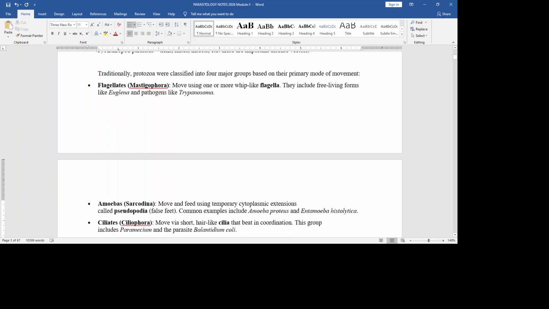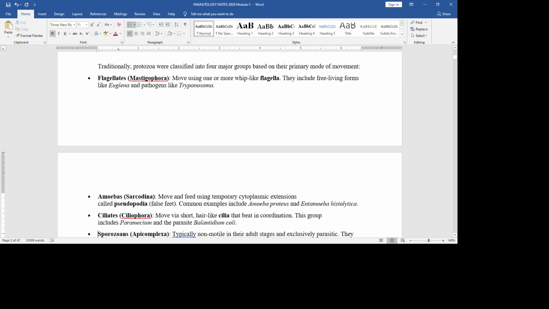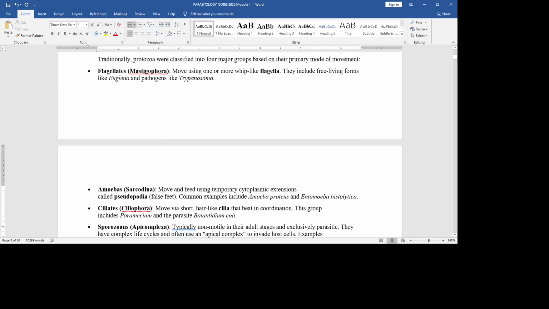The other group move and feed using temporary cytoplasmic extensions called pseudopodia, which is a terminology that means false feet. And the two common examples under this sarcodina or the amoeba include the amoeba proteus and the entamoeba histolytica. We are going to discuss this in a moment.